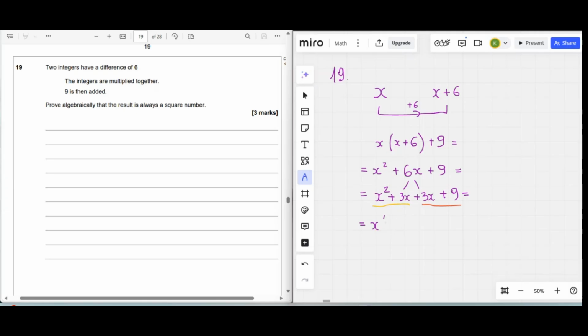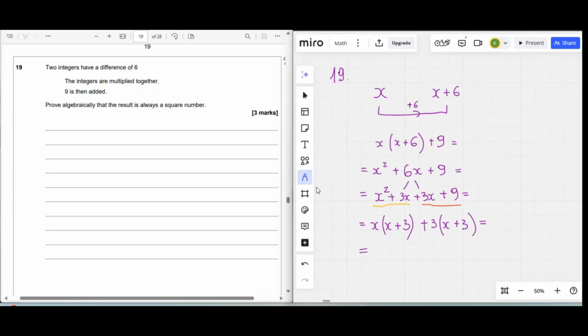Yes. We can factorize this, leaving x from the first term, x squared divided by x is x, plus 3, because 3x divided by x is 3. And that's from the first pair, plus now another pair, 3x plus 9. The common factor will be 3. Dividing 3x by 3 leaves x, plus 9 by 3 is 3.